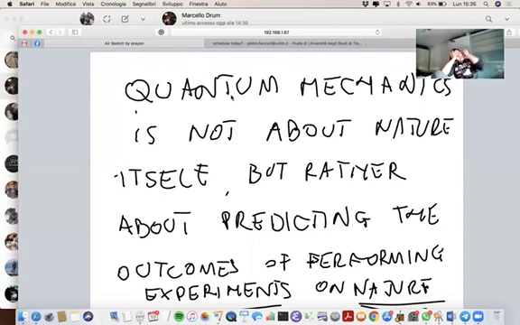It looks like a philosophical question, and in many ways it is, but it's a very deep and fundamental one. The difference between saying I have a physical theory that describes nature and I have a physical theory that describes the possible outcomes of measuring nature sets our ambition to an entirely different level, much lower.